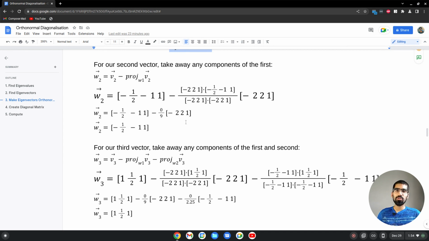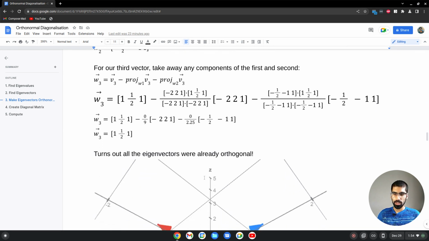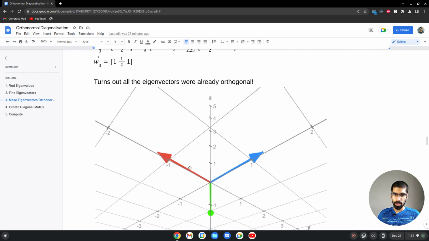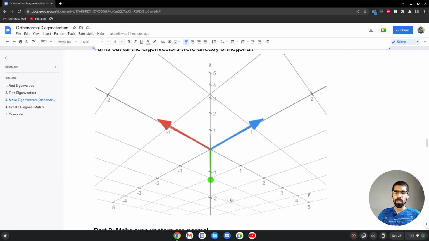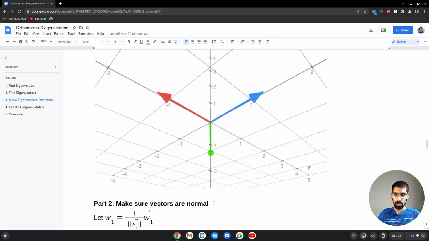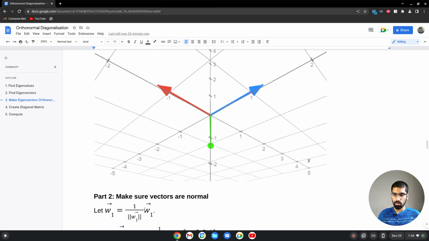Finally, last step before we diagonalize, you see we have our eigenvectors that I plotted out, they were already orthogonal. The last thing that we want to do is make sure the vectors are normal. To do that, we're just going to divide by their magnitude, because that's going to get them back to a magnitude of 1.